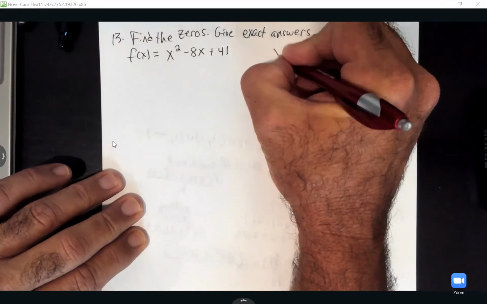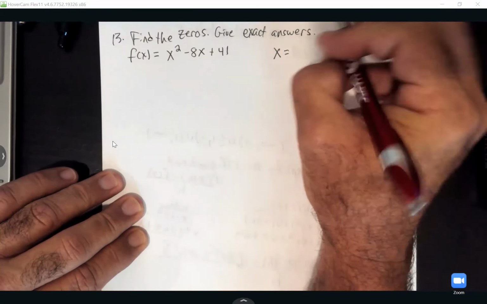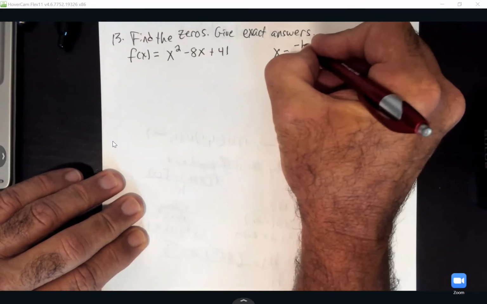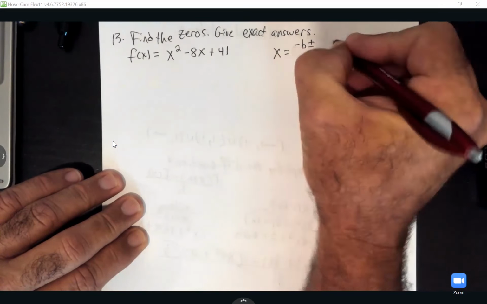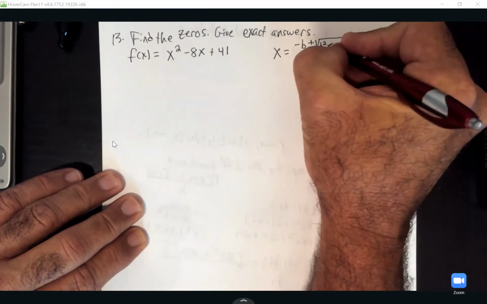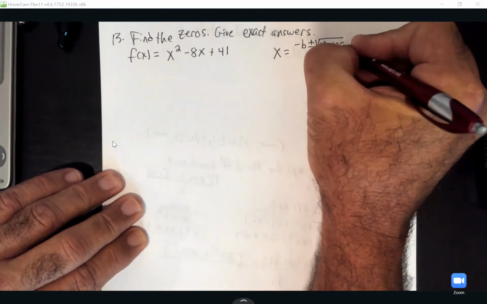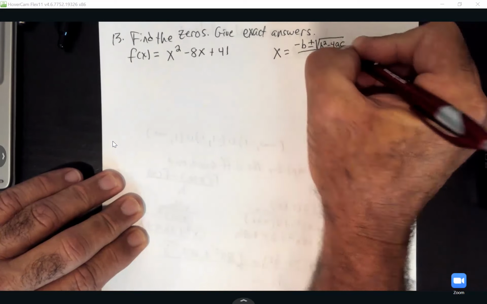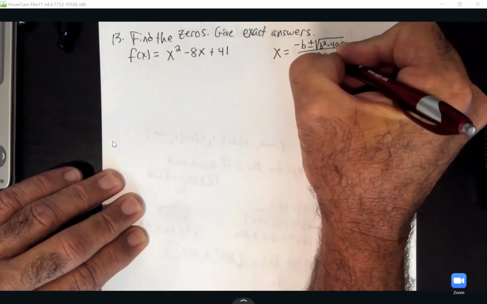On this one, you're going to have to use the quadratic formula. So let me write the formula. x equals negative b plus or minus the square root of b squared minus 4ac, all over 2a.